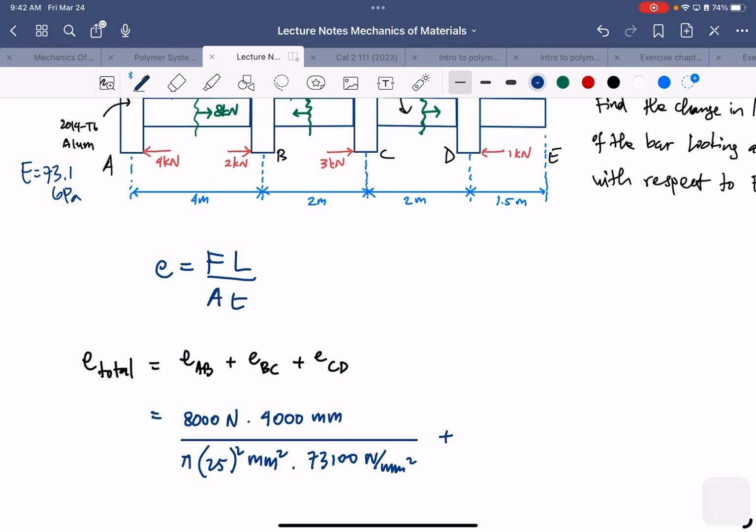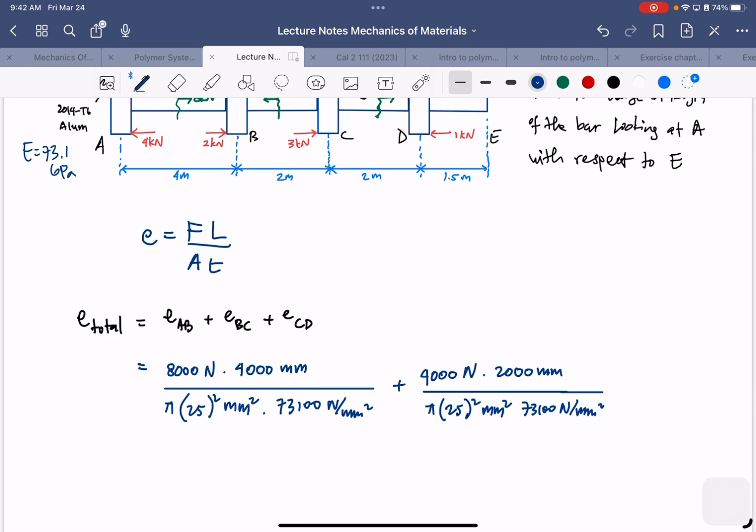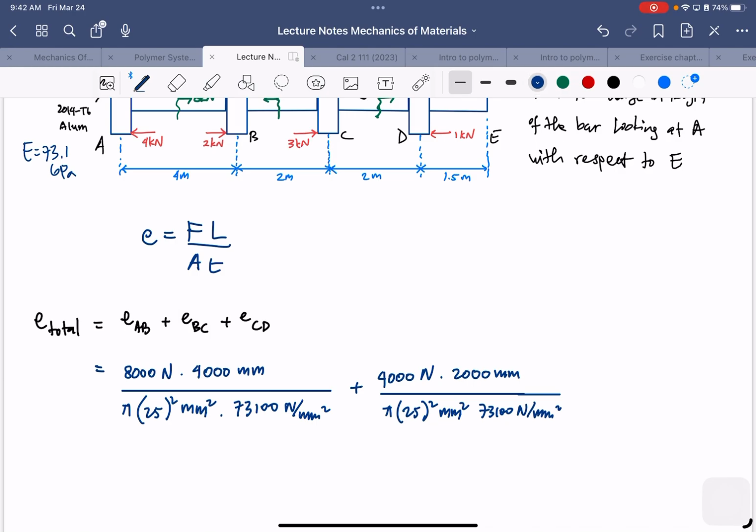And then plus 4,000 newton, 2,000 millimeter, and again the same here also. I think we can factorize later, I'll just write it first. It should be written in the formula, but I'm writing directly here.